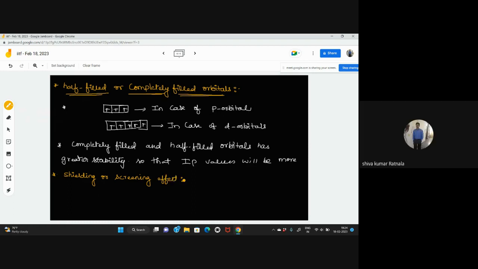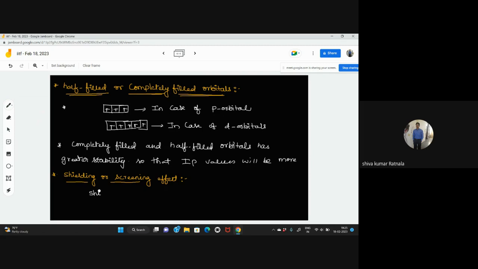This is the last factor. Screening effect, what does it mean? Screening means which protects. Shield means which protects, actually. Okay?